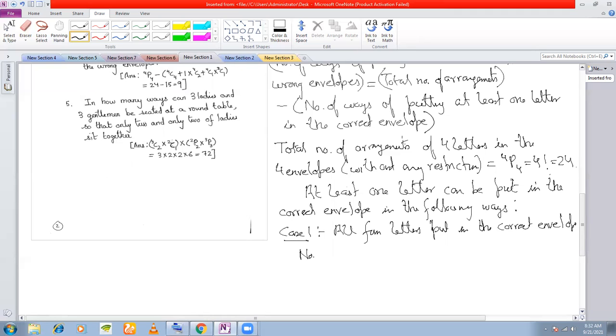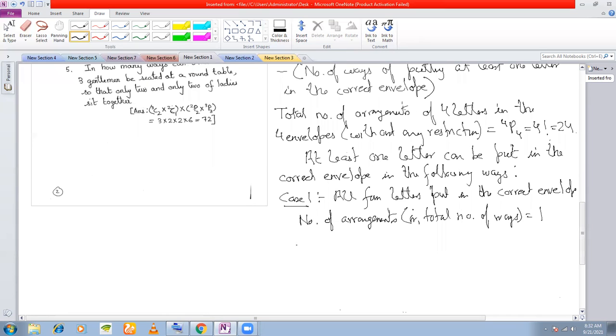Only one way. All the letters can be put in the correct envelope only in one way: L1 in E1, L2 in E2, L3 in E3, and L4 in E4. Only one way.